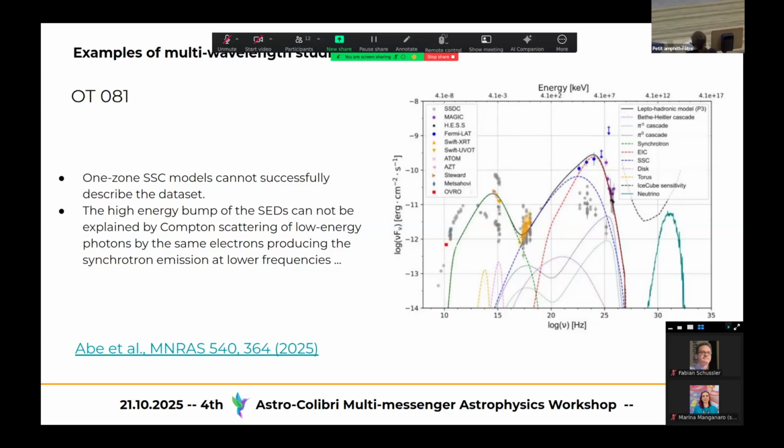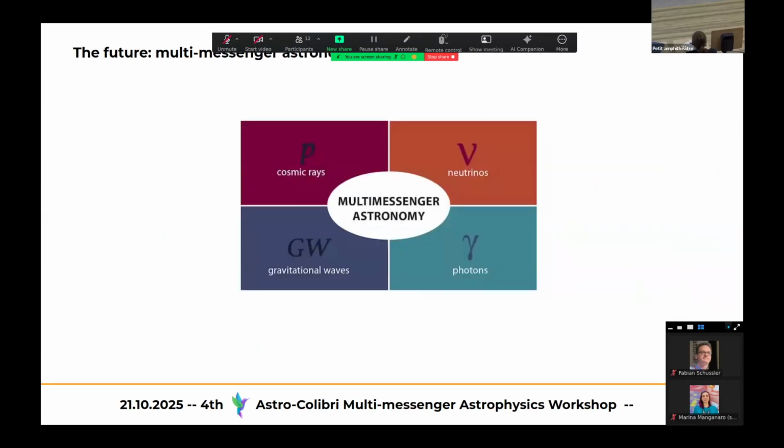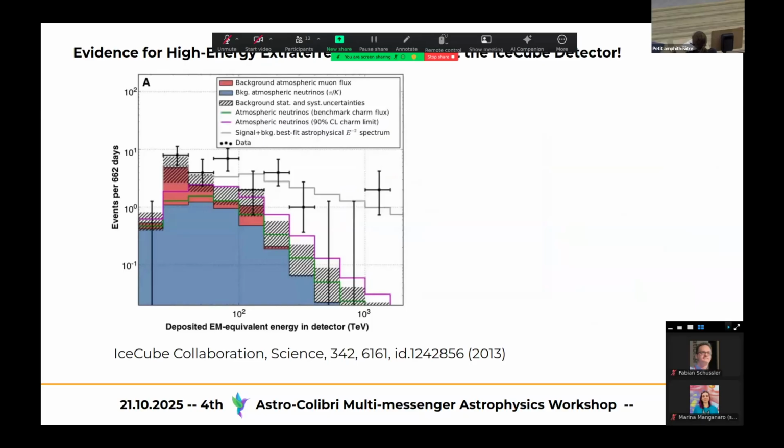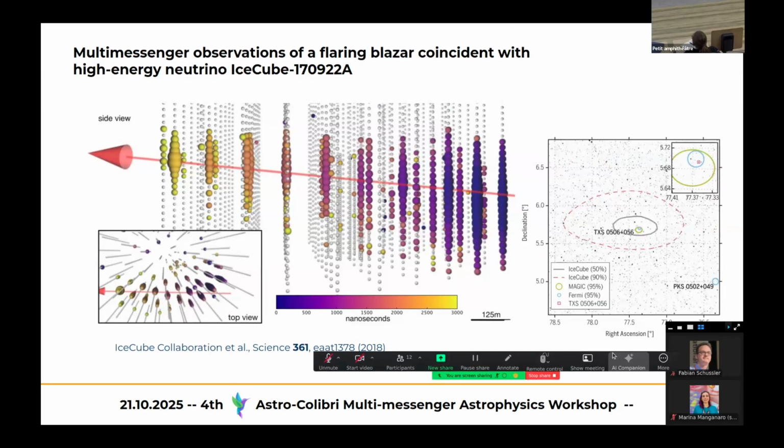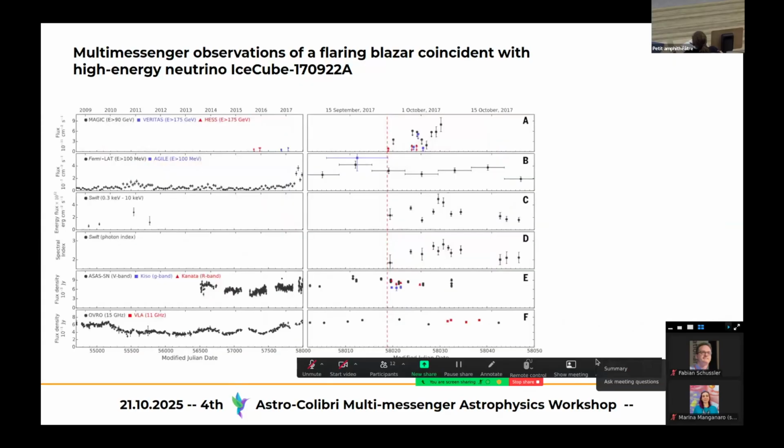Okay, well, this is my struggle. It is very difficult to give a theoretical interpretation because it's difficult to find simultaneous data or to collect them. But okay, with multi-messenger astronomy, here I go very fast. After this important source that we have heard about many times in these days, we started with the first multi-messenger study, including blazar and neutrino.